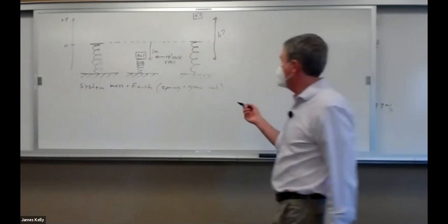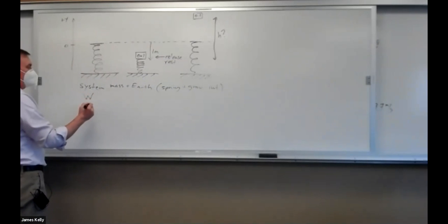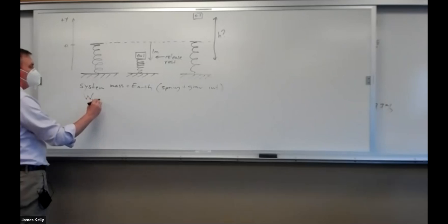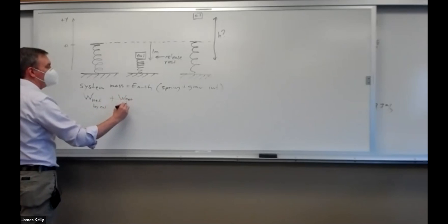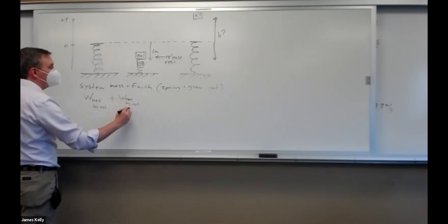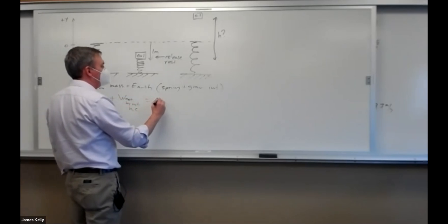Okay, and let's write down our new form of the work energy relation: the net work done by external forces plus the sum of all the works done by internal non-conservative forces is equal to delta KE plus delta PE.